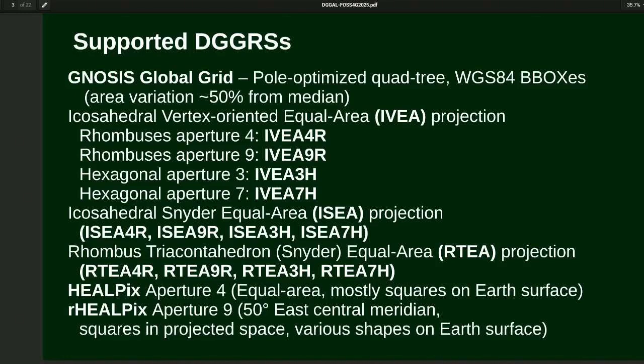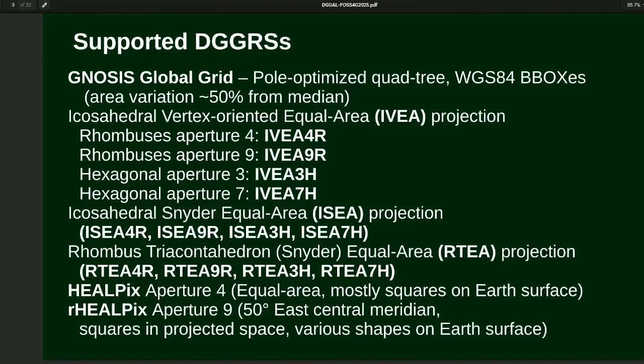So now we have a new term called a discrete global grid hierarchy, which is a set of multi-resolution grids that together form this grid hierarchy. At this point the zones don't have a name yet, so if you combine this with the zone identifier reference system, then that gives you a discrete global grid reference system. So now you could use the URI of the DGGRS and a zone ID, and you have a very precise zone boundary on the surface of the Earth at a particular resolution.